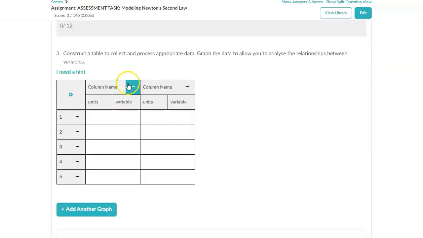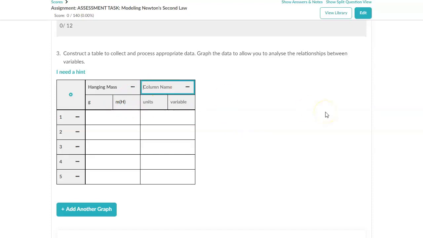Okay, so the first thing we are collecting, we worked out, was we're changing the hanging mass. So that's our first column, hanging mass. It's in units, well, we collect it in grams, but we'll have to convert grams to kilograms. And the variable we'll call mass, with a subscript for hanging.